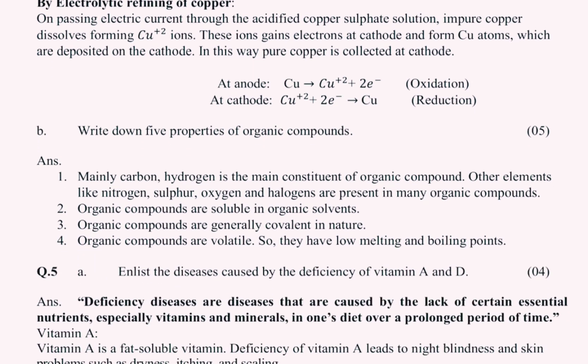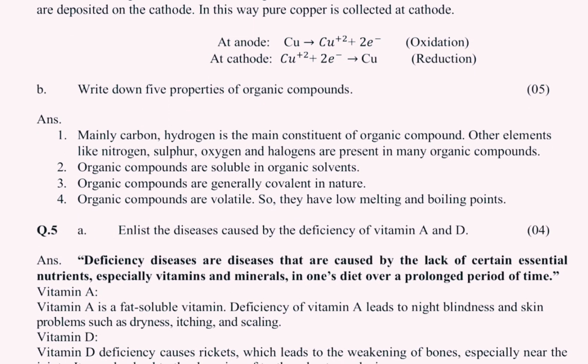Then we have the next question: write down 5 properties of organic compounds. We all know that organic compounds are hydrocarbons, which are made up of carbon and hydrogen. Other atoms are also there, such as sulfur, nitrogen, oxygen, halogens.